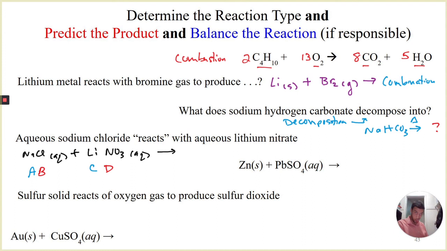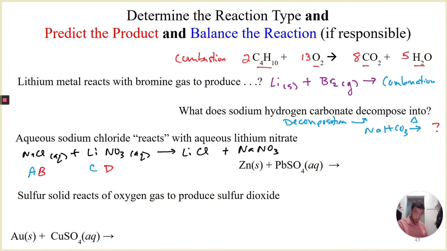I am expected to be able to predict this one. So I would exchange the lithium with the sodium. So I'd get lithium chloride plus sodium nitrate. Okay. Officially, those phases are things you need to be able to predict. But if you haven't recognized it from the video or practiced it yet, don't stress about that.